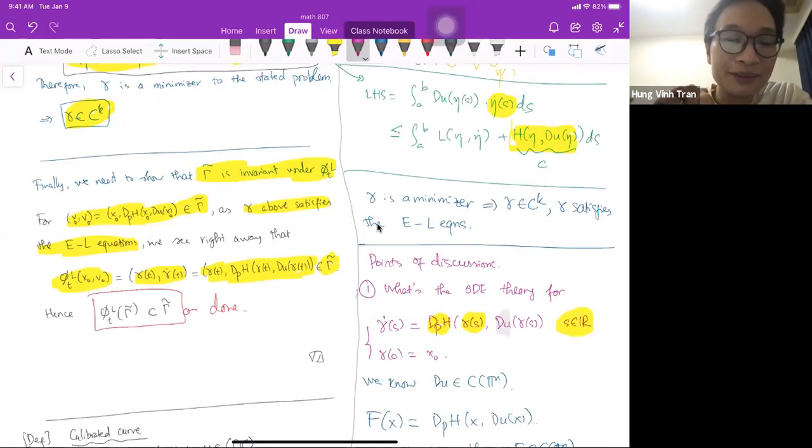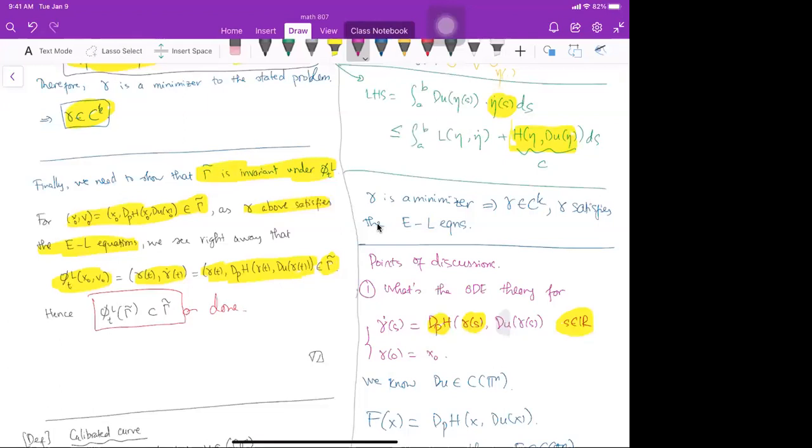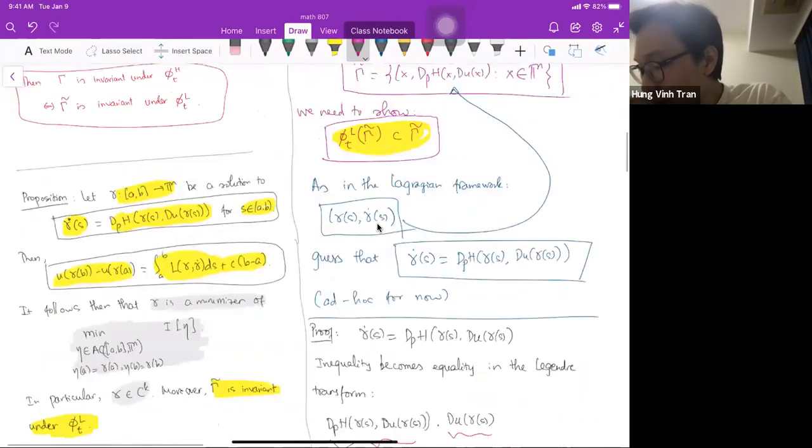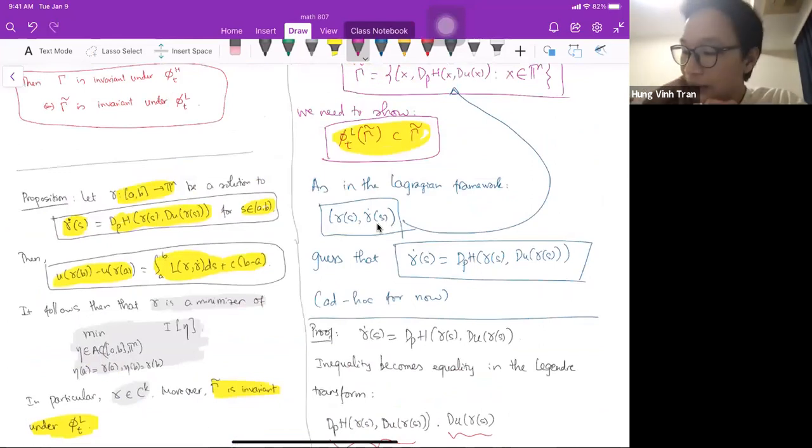Yeah, my question was, because you said we have to use Peano's theorem to say the existence of the gamma, I was thinking, can we say that because the minimizer exists, we automatically have a gamma that solves the ODE? The minimizer exists, but that's a good question, I don't know what gamma A and gamma B are, right?